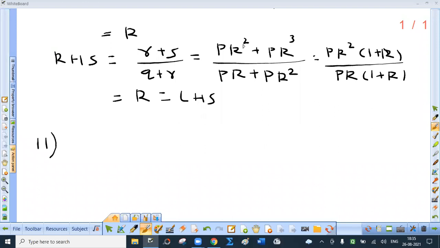To find the number of bacteria at the end of 5th hour, we have to find T6.